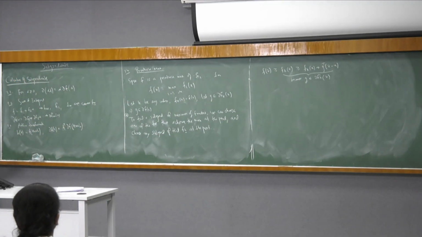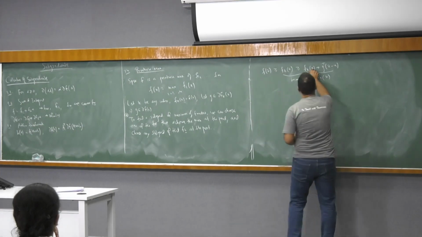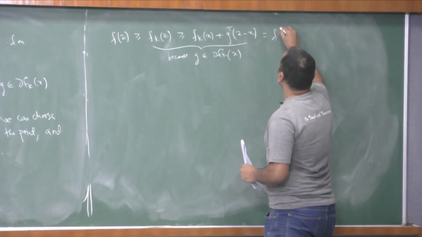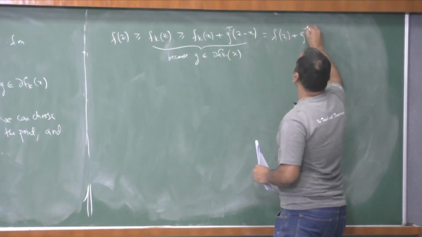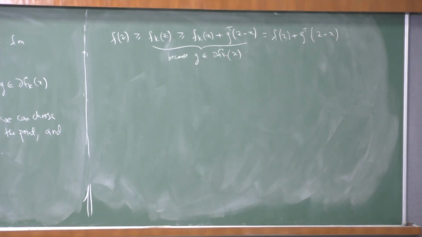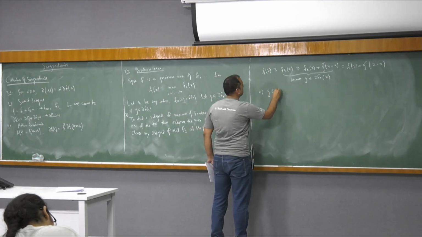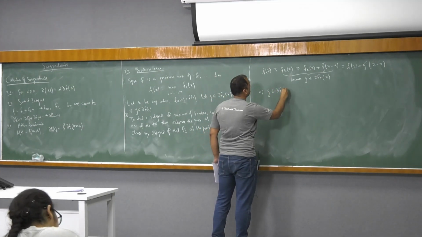So fk(x) is f(x), and there seems to be a typo here, I should not change z to anything else. So f(z) is greater than or equal to f(x) plus g transpose (z minus x). So this implies g must be in the subdifferential of f at x.